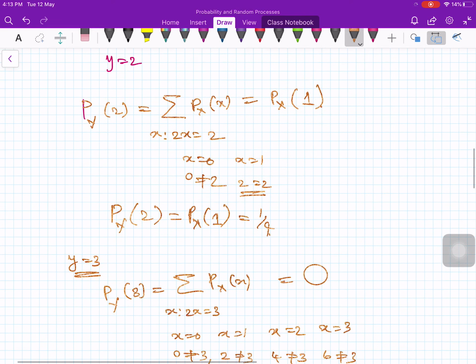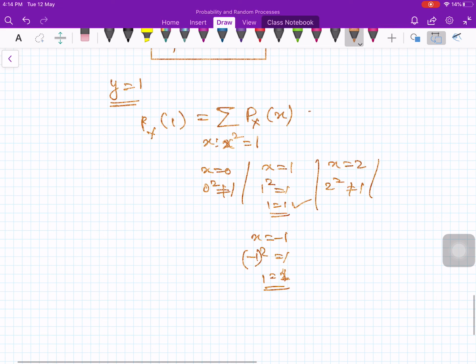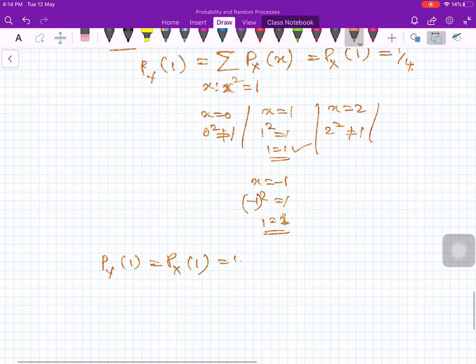So the only value it satisfies is 1, which has probability 1/4. So py of 1 is equal to px of 1, which is 1/4, fine.